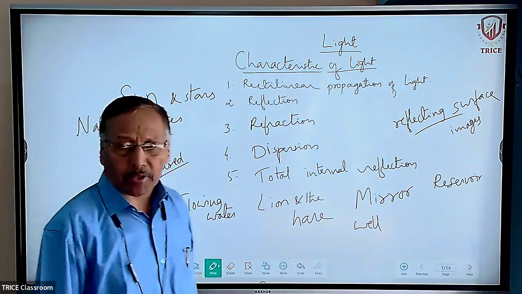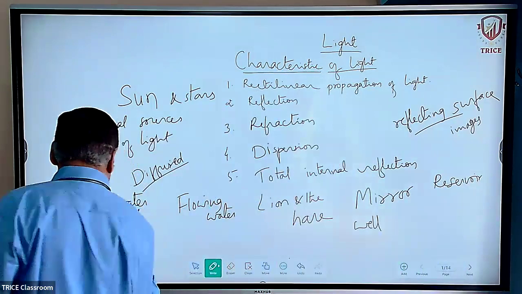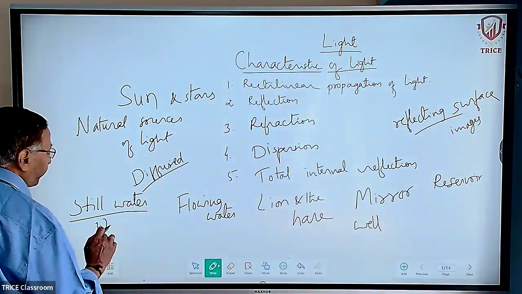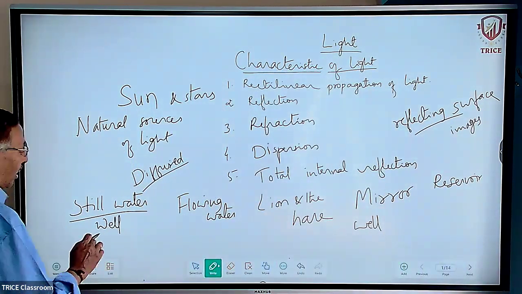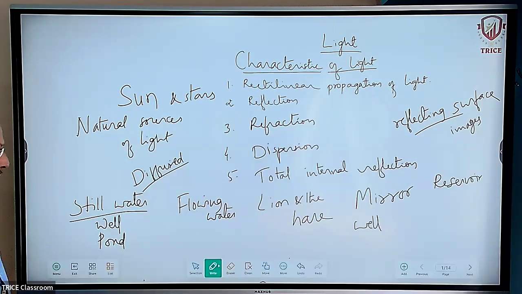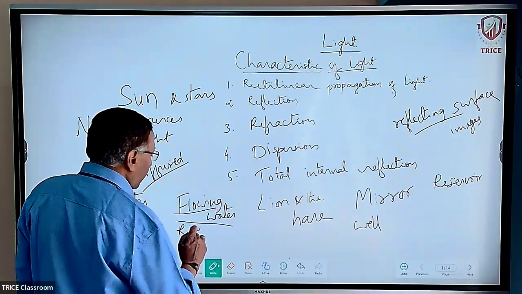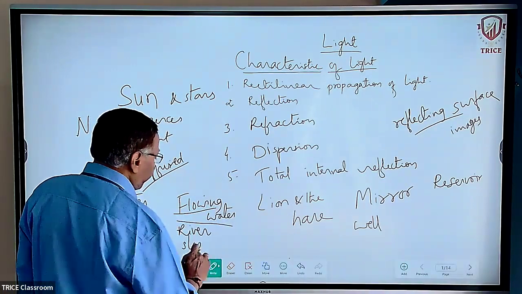What do you mean by still waters? Waters where there is no flow, like the well or a pond. Is it not? Flowing water means where there is continuous flow, like a river or a stream.